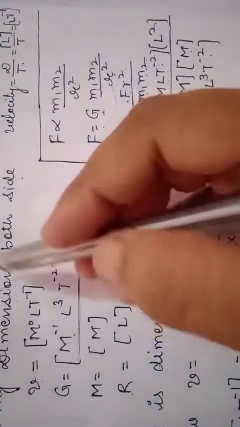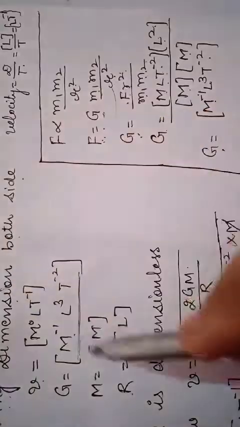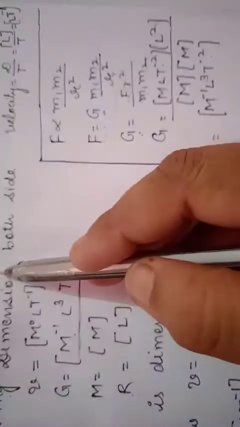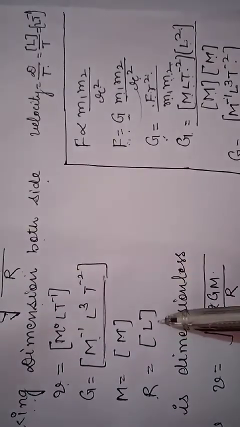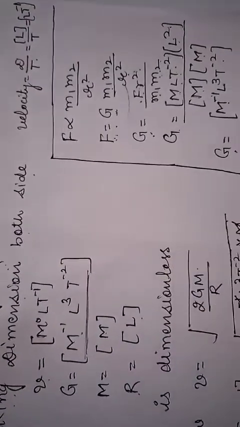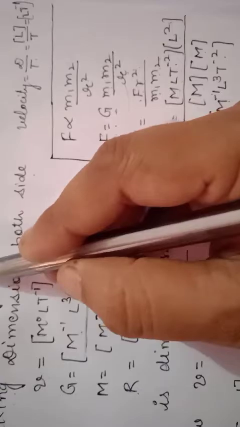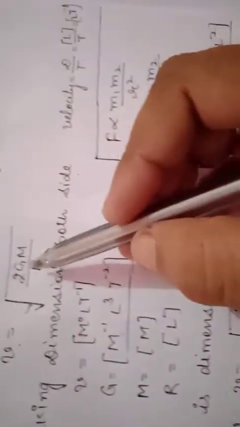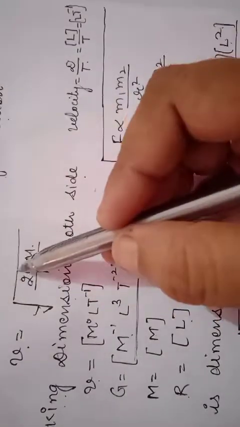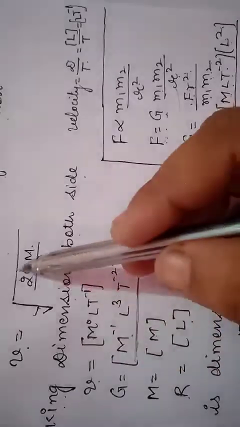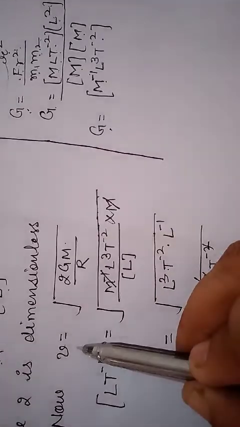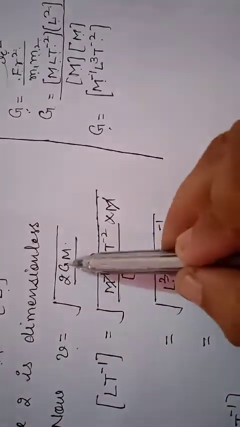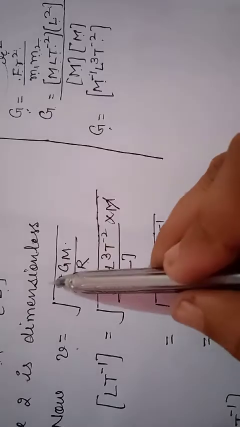Now the dimensions of mass are M and the dimensions of r are L. The constant 2 is dimensionless; a constant has no dimensions. Therefore, for v is equal to under root 2GM upon r, we now put in the dimensions.